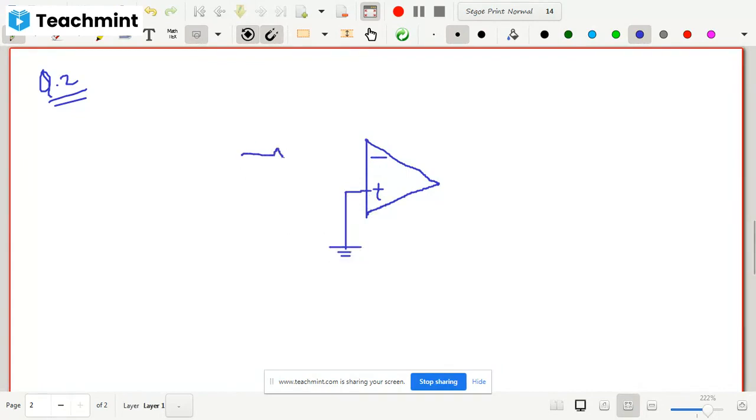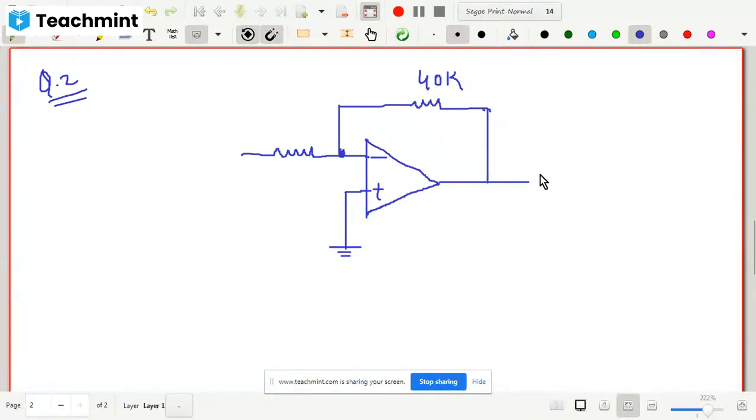Sometimes the input voltage may be given in the form of a waveform only. So there you need to see properly and decide how to solve it. So you should not get confused there. So this is 40K. Now you know what this is. This is the feedback RF.